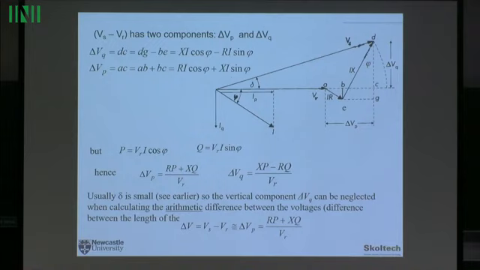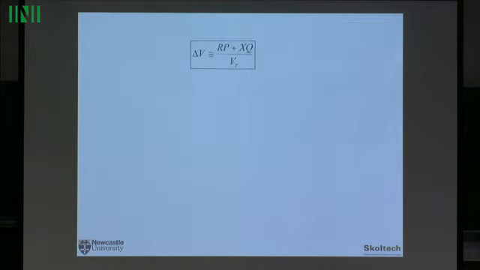So that means that the voltage difference between the voltage at the sending and the receiving end is approximately equal to R times P plus X times Q divided by Vr. And this is a very important relationship because it shows you how the voltage differences between nodes across the transmission network depend on the flow of real and reactive power.